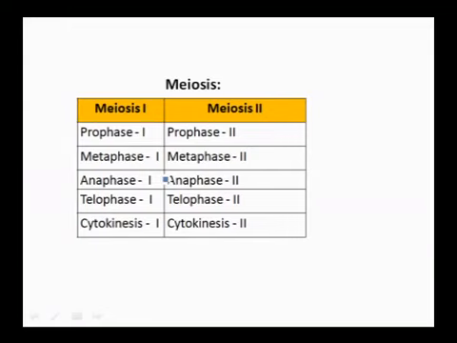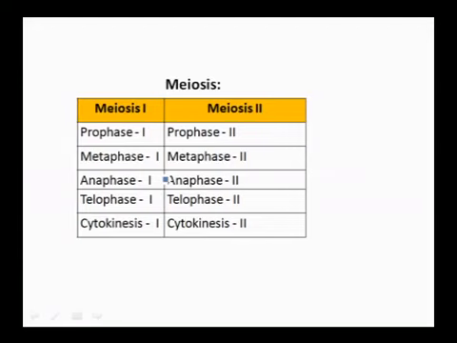Meiosis has the stages meiosis 1 and meiosis 2. Each of them is subdivided into prophase 1, metaphase 1, anaphase 1, telophase 1 and cytokinesis 1. Do remember, out of all the stages of meiosis, prophase 1 is the longest phase. It takes a very long time, having sub-stages, and cytokinesis 1 is not a mandatory stage.